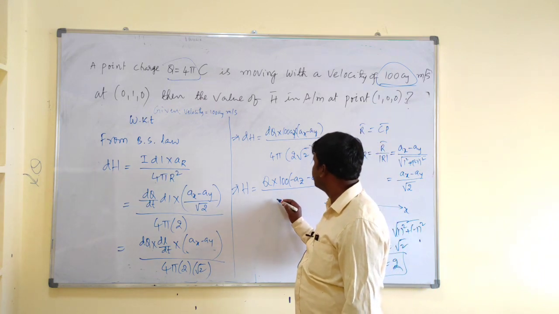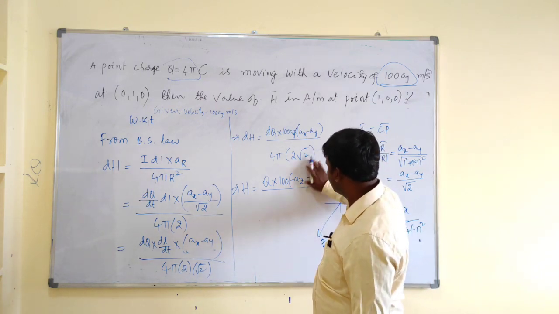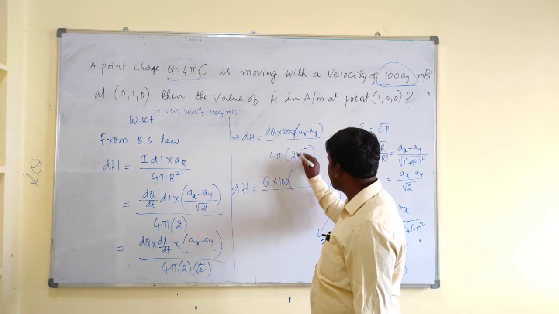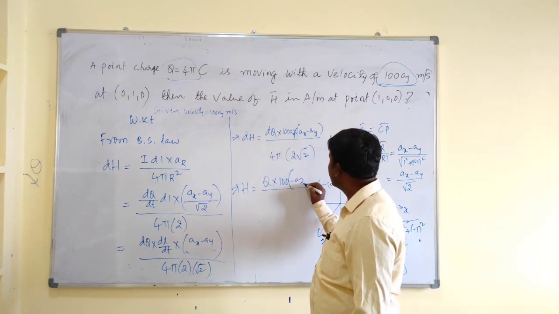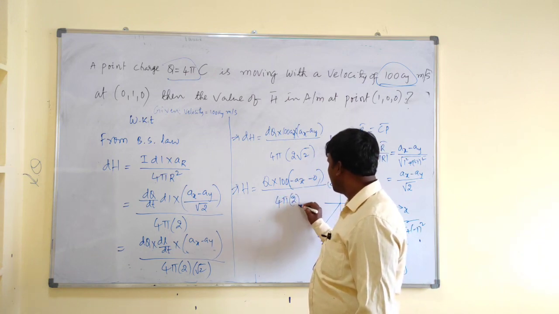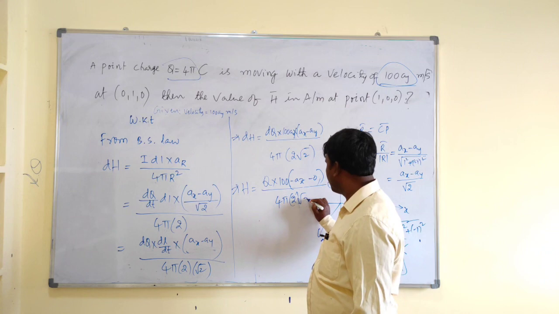So it is 100 a_y cross a_x, minus a_z, by 4π 2 root 2.